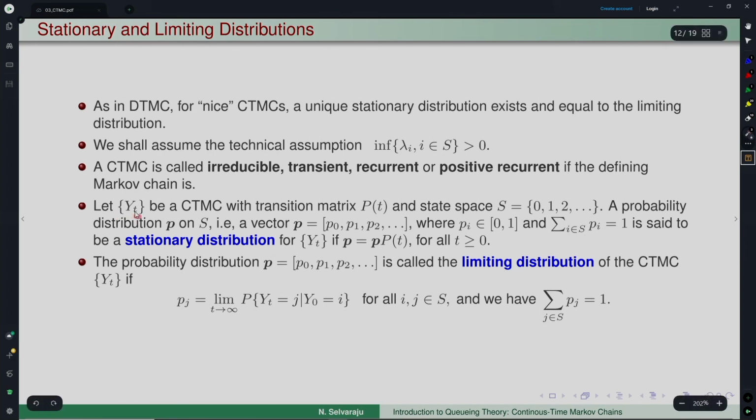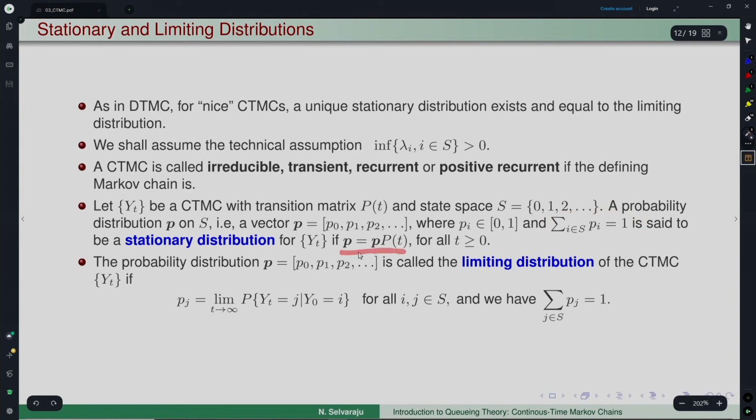Now, let Yt be a CTMC with transition matrix P of t and the state space 0, 1, 2, and so on. Then a probability distribution P on S, which is just this vector, is said to be a stationary distribution for Yt if it satisfies this equation. It is a distribution, so we already assume that the sum is equal to 1.